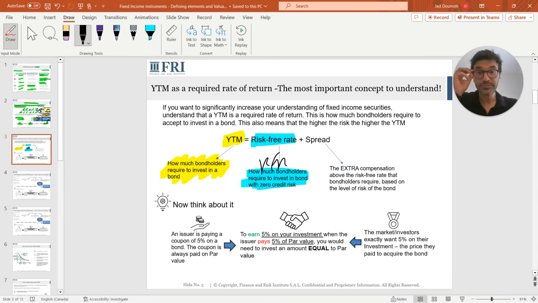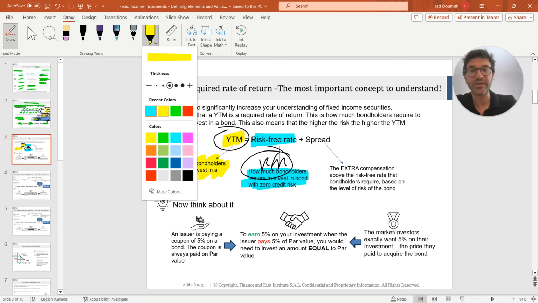risk-free rate. Now, it makes perfect sense that if you buy a bond that has zero credit risk, you require some money. Now, if you're buying a bond that is risky, which means that the issuer could actually default and not pay you back your money, you want to require more. And this extra compensation is called the credit spread.